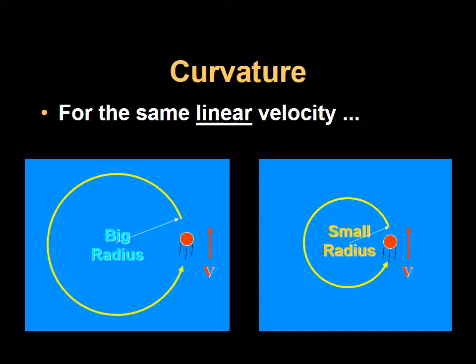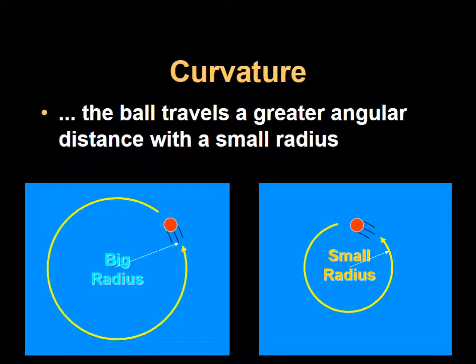If the wind is going around at the same linear velocity, V, say 10 knots, then the angular velocity covered by the wind for the smaller radius is greater than for the bigger radius. The actual linear distance the wind travels, let's say 10 miles, is the same, but since the radius is much smaller, that's a greater angular distance.